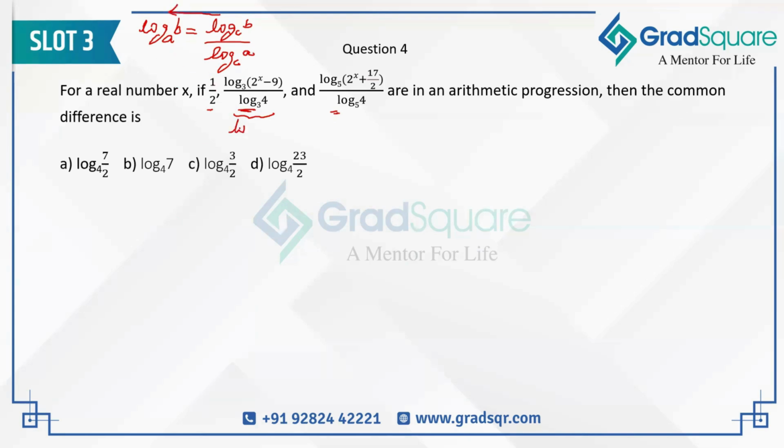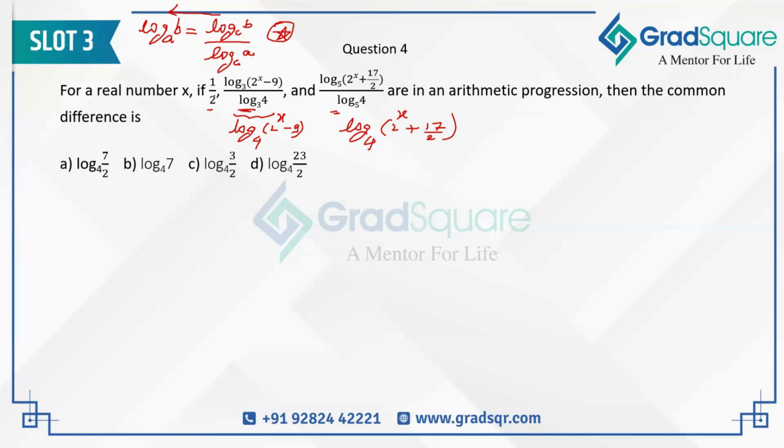So the value I'm writing here is log base 4 of (2^x − 9) as my second value. Same identity applied on the third term, and you are going to get log base 4 of (2^x + 17/2). That's the value that you are going to get.